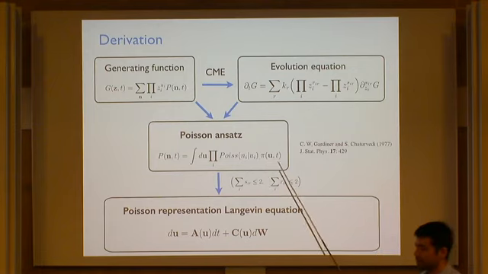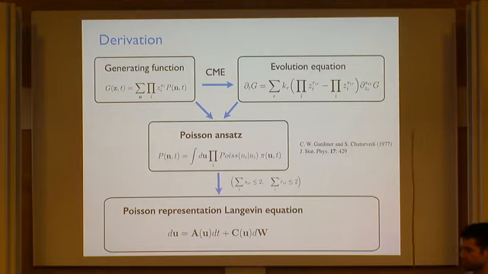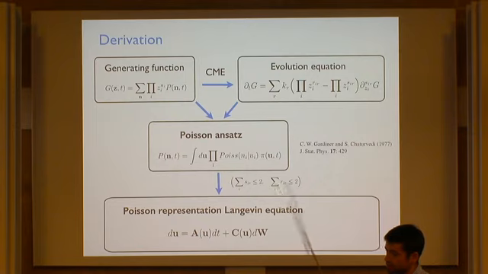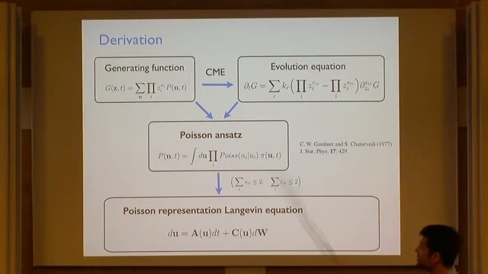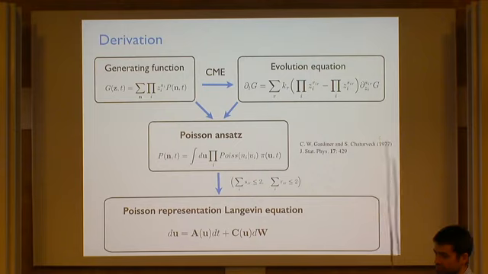Gardiner himself used it to prove that for open systems, with certain linear reactions, so if you have only one product particle, you can always write a solution as a product of Poisson distributions. And this you get directly because the Poisson representation becomes deterministic in that case.